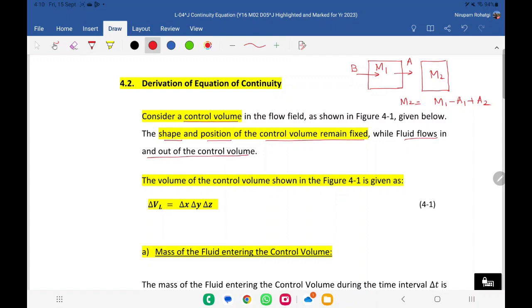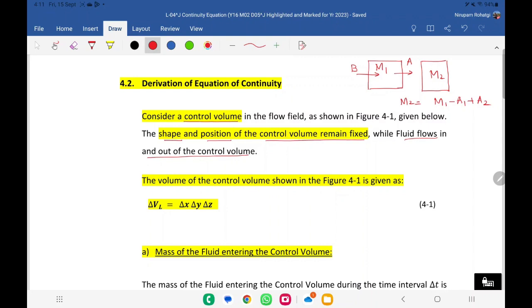So we recollect the definition of control volume: it is fixed in space, with open boundaries, but the boundaries are rigid and fixed.